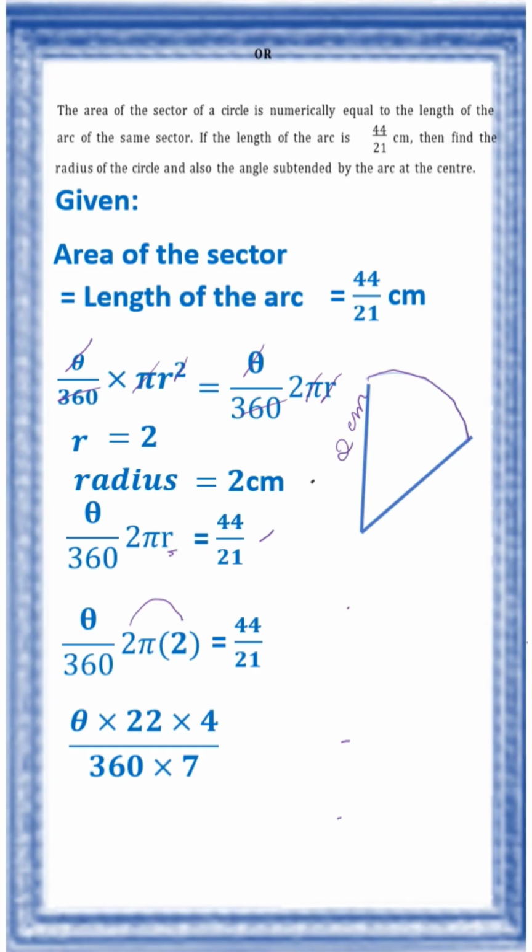So theta by 360 into 4 into pi, pi is 22 by 7, is equal to 44 by 21. Here 4 ones are 4, 11s are. 11 ones are 11, twos are. 7 threes are. 2 ones are 2, 180s are. 3 ones are 3, 60s are. So theta is equal to 60 degrees.